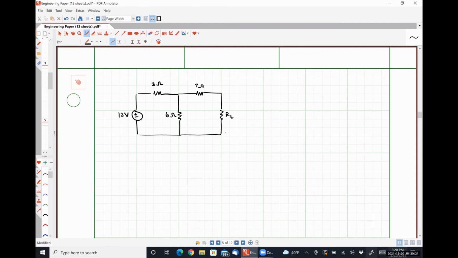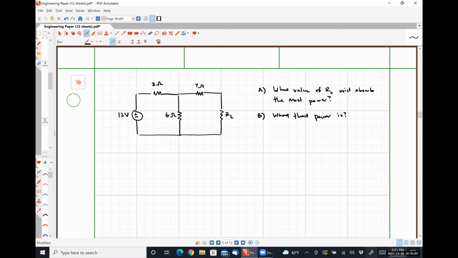And we want to know, A, what value of RL will absorb the most power, and B, what that maximum power is.